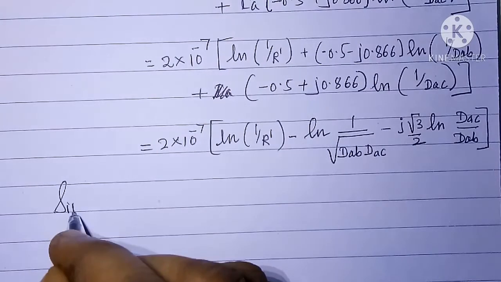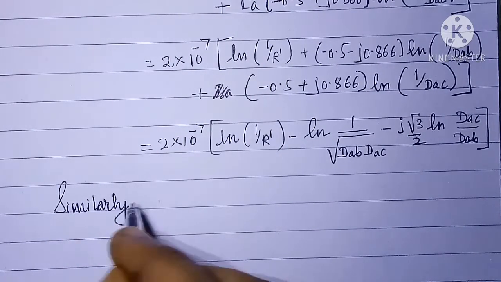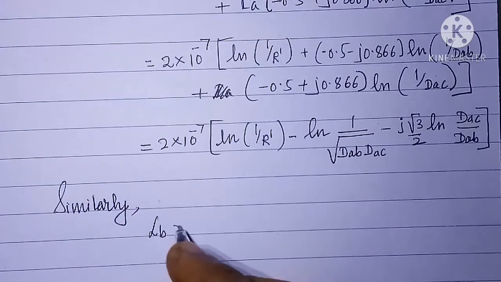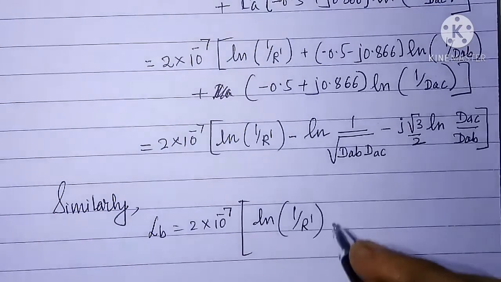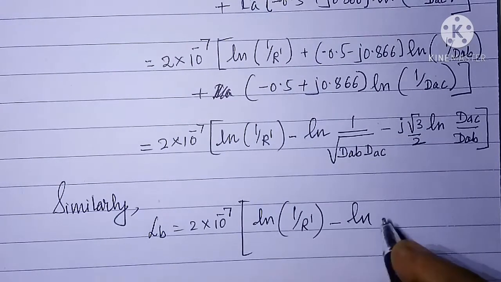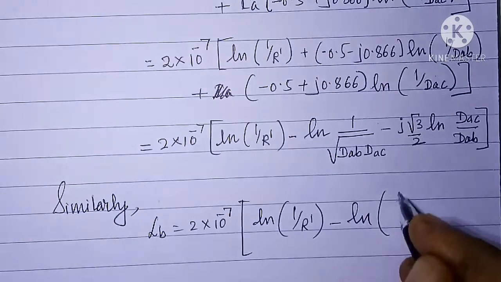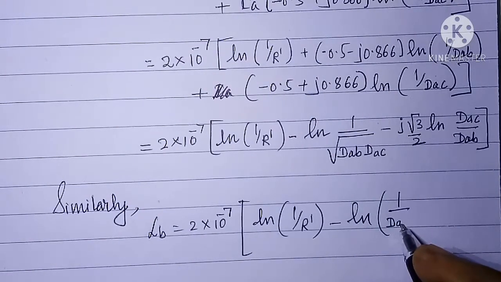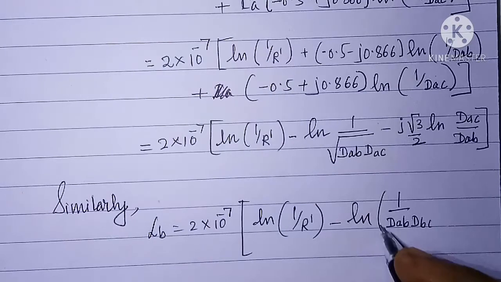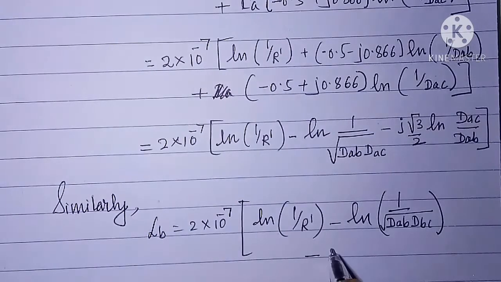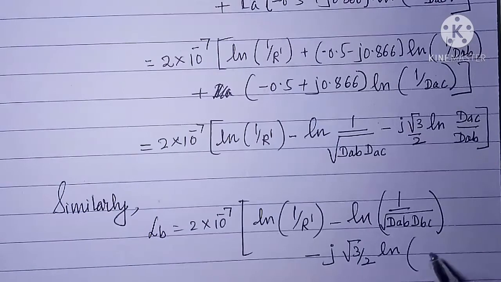Similarly, LB equal to 2 into 10 raised to minus 7 into the bracket ln of 1 upon r dash minus ln of 1 upon under root DAB into DBC, minus j root 3 by 2 ln of DAB by DBC.